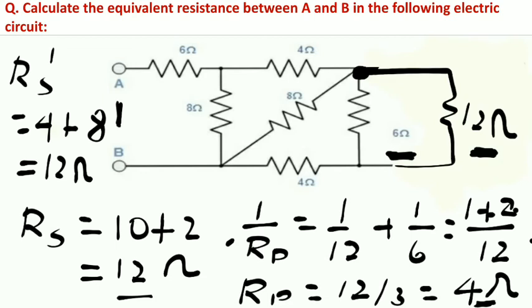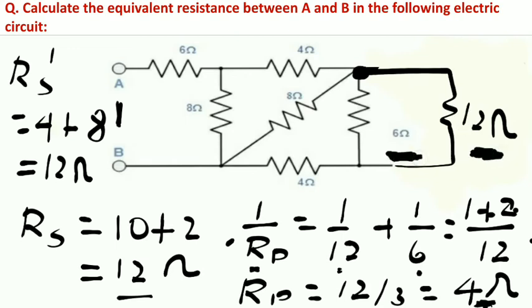We have done this before. This 12 and this 6 we have calculated as Rp, and this Rp is equal to 4 ohm. So the resultant of 12 ohm and 6 ohm, which are in parallel, will be 4 ohm again. So remove this 12 ohm and this 6 ohm and place the value of resultant, which is 4 ohm.